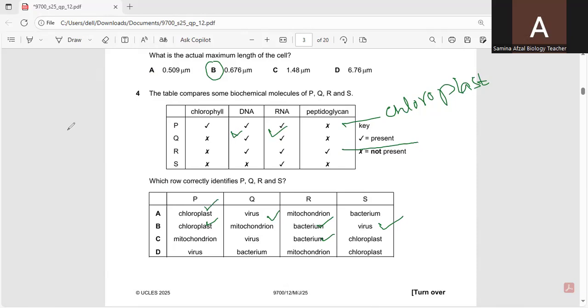So we can find that B is the correct option, in which P is the chloroplast, which contains chlorophyll, DNA, RNA, and Q is the mitochondrion, which contains DNA and RNA, and R is the bacterium, because it contains peptidoglycan besides DNA and RNA. And then the virus contains RNA, no chlorophyll, no DNA, and no peptidoglycan. So B is the correct option.